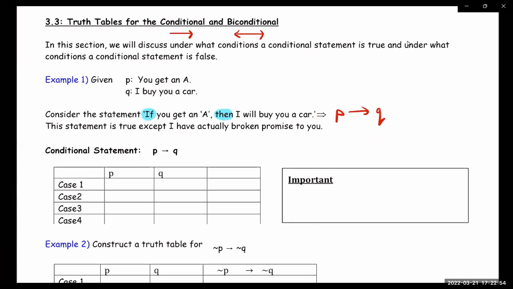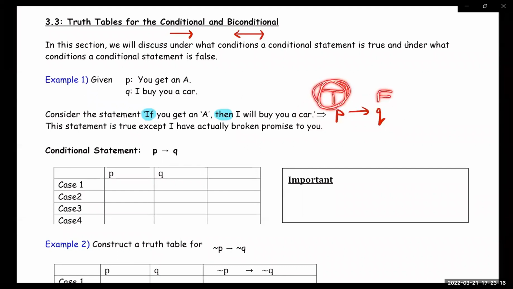All right, this statement is true, except if I have actually broken my promise to you. So what they're saying is that this will always be true unless there's a broken promise. What they mean by that is if P is true and Q is false, then that's a broken promise, right?